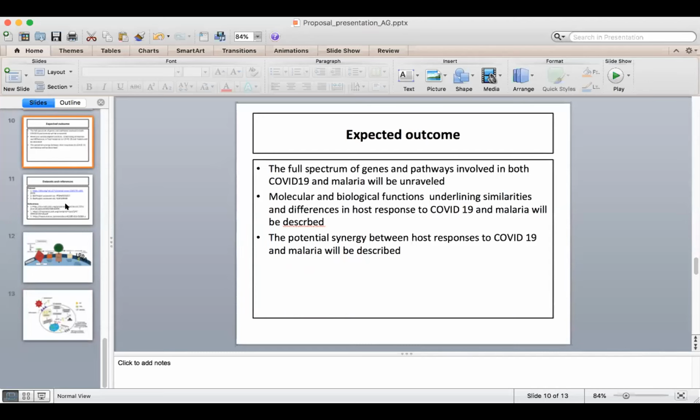We are expecting to obtain the full spectrum of genes and pathways involved in both COVID-19 and malaria, and then to describe the molecular and biological functions underlining the similarities and differences in the host responses to COVID-19 and malaria. And then we look at the potential synergy between these host responses to COVID-19 and malaria.